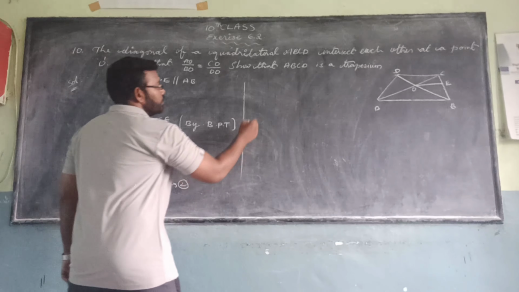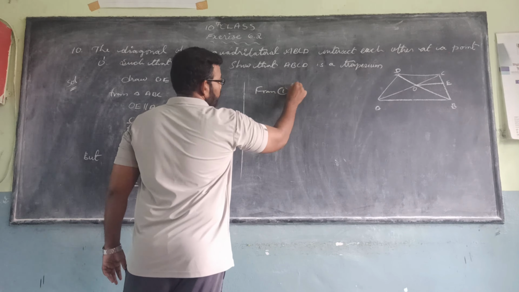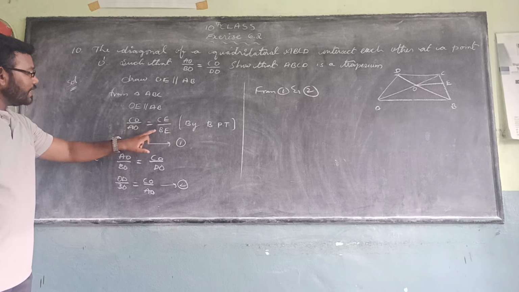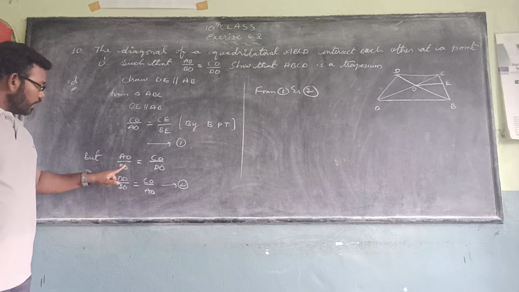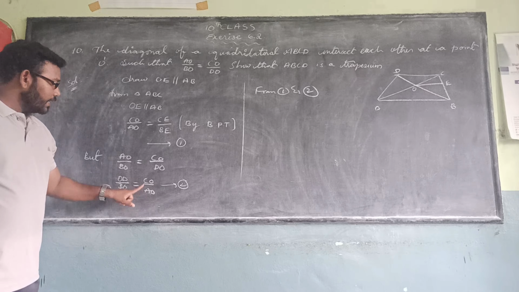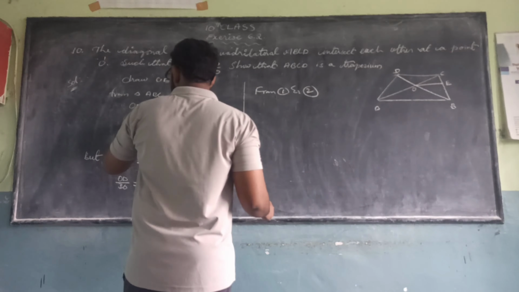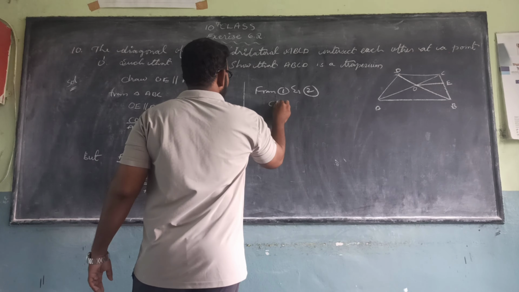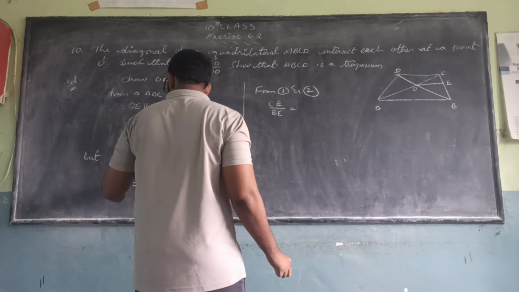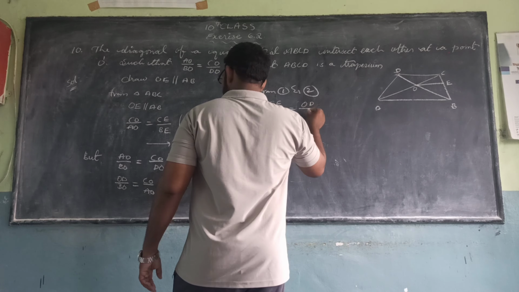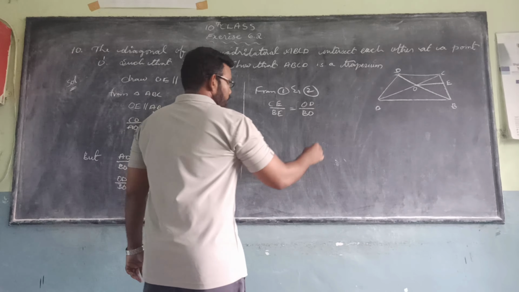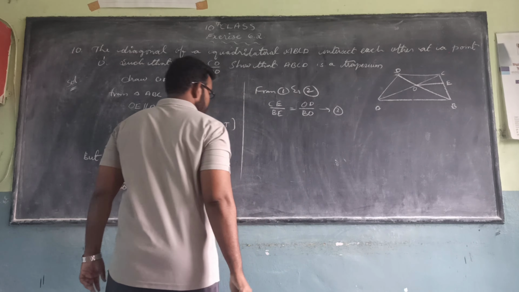So from 1 and 2 we can write that CE by BE is equal to CO by AO, and also OD by BO is equal to CO by AO. So both terms are equal to the same term, that's why we can write CE by BE is equal to OD by BO. Let it be the third equation.